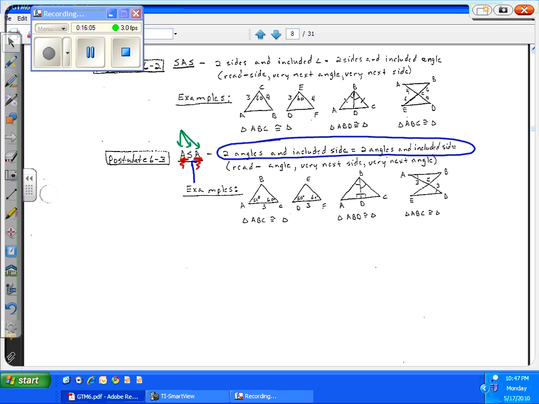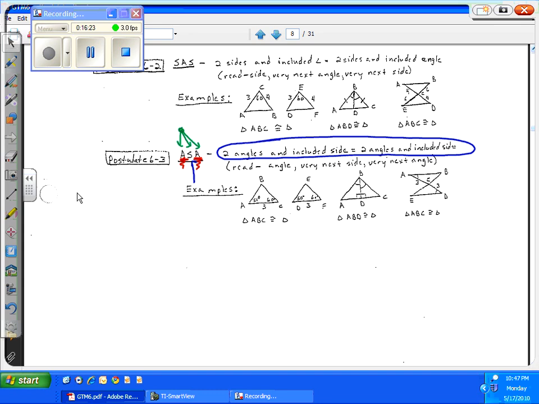We can read this as angle, very next side, very next angle. That seems to help some of my students identify it. Although don't forget that the terminology of two angles and an included side becomes important down the road. Okay?